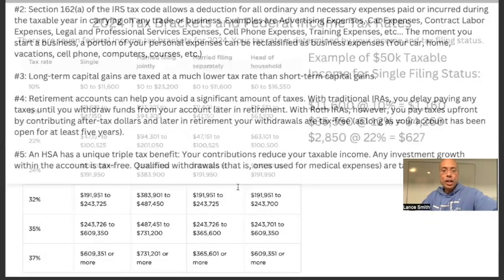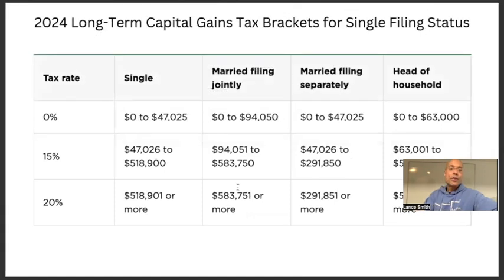In fact, here's a chart that shows the 2024 long-term capital gains tax brackets for single filing status, as well as married filing jointly, married filing separately, and head of household. So for example, if you're a single filing status and your total taxable income is less than 47,025, then you don't have to pay any long-term capital gains tax.